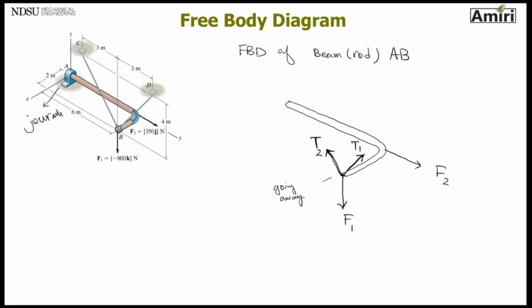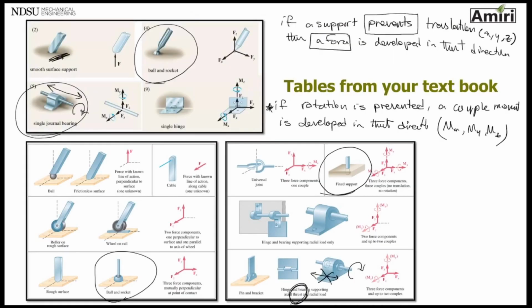So for a journal bearing, I'm going to make my own table again. The difference is this one is X, Y, Z, MX, MY, MZ. Now I have 6 terms to look at. A journal bearing, I told you that it can move back and forth and it can rotate.